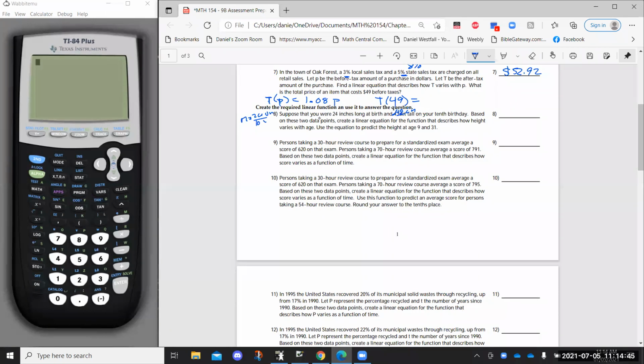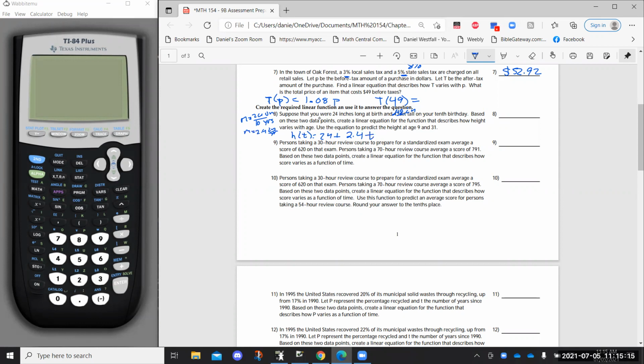This is inches, this is years. So M is going to be 2.4 inches per year. We're going to start off being 24 inches long. So my height, H of T, is going to be 24 plus 2.4 inches per year times the number of years.